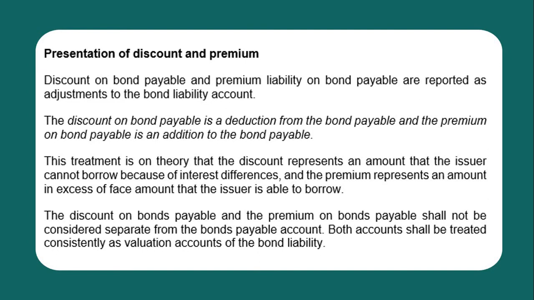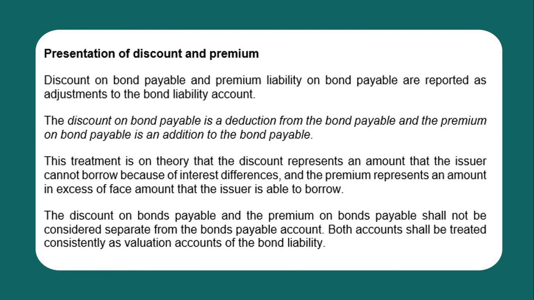Presentation of discount and premium. Discount on bonds payable and premium on bonds payable are reported as an adjustment to the bond liability account. The discount on bonds payable is a deduction from the bonds payable, and the premium on bonds payable is an addition to the bonds payable.